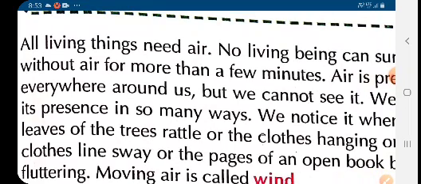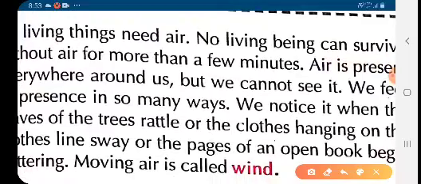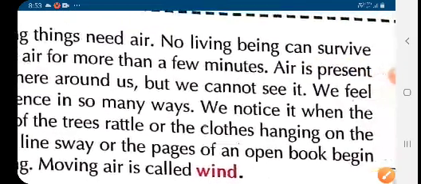Children, all living things need air. Living things means plants, animals and human beings. So everybody needs air. No living being can survive. Survive means can live.